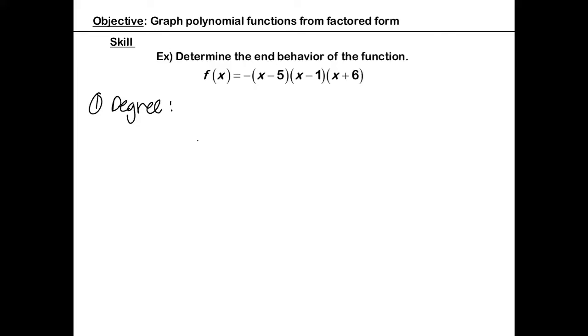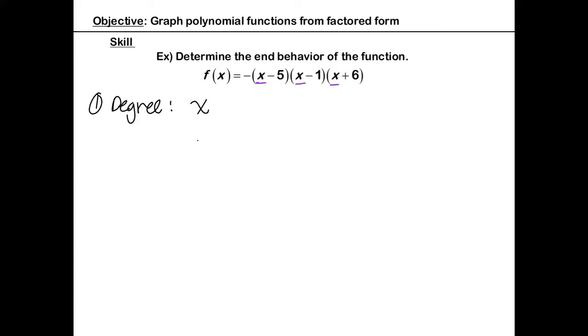So the degree of the function tells you this is x to the what power. So to figure that out, we're going to count our x's. I have 1, 2, 3 x's because when I multiply them together, like if I were to multiply these two, x times x, that's going to give me an x squared.